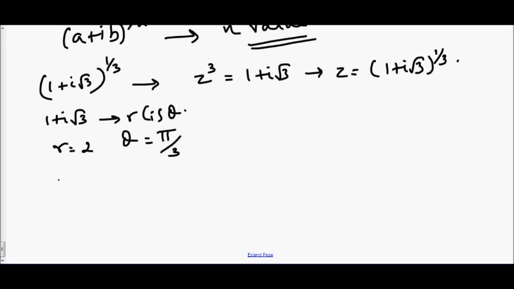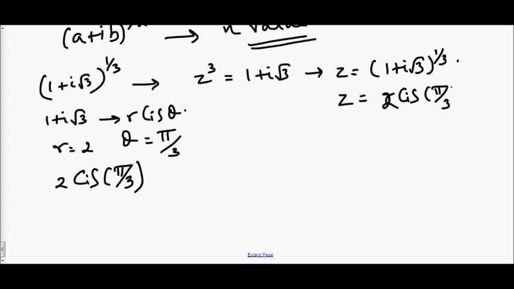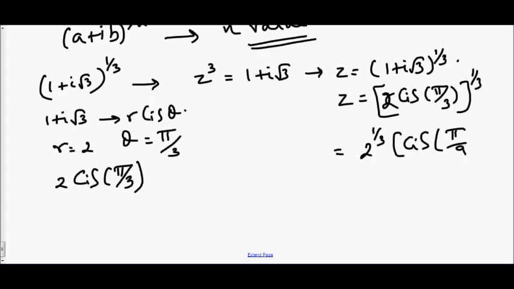So your r cis theta would be 2 cis pi over 3, and again here you cannot just use pi over 3. Let me do it as you would. If I use z equal to 2 cis pi over 3 to the power of 1 over 3, then I would be getting 2 to the power of 1 over 3 times cos plus i sin of pi over 9, and I'm not getting three different values here.